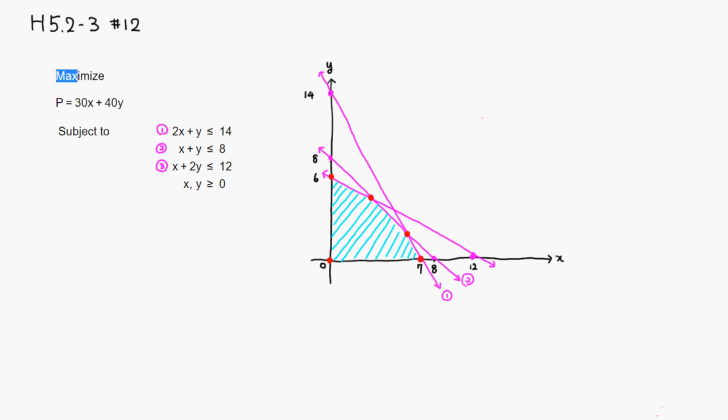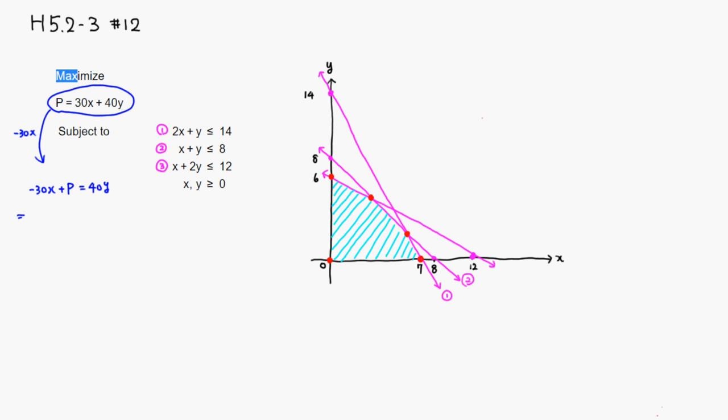Then what we want to do is pick the corner point that makes this profit function the biggest possible. Let's pay attention to this profit function here. I'm going to solve for y so that I can determine the slope of the line. First, I'm going to subtract 30x, so you would have negative 30x plus P is equal to 40y.